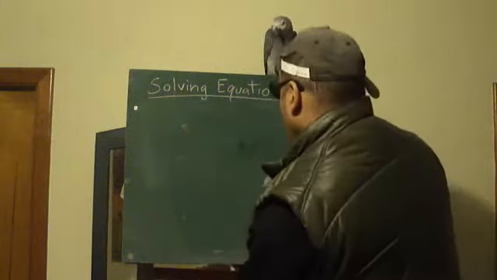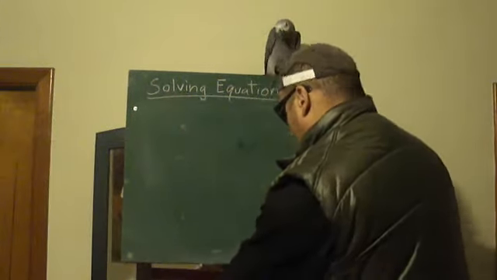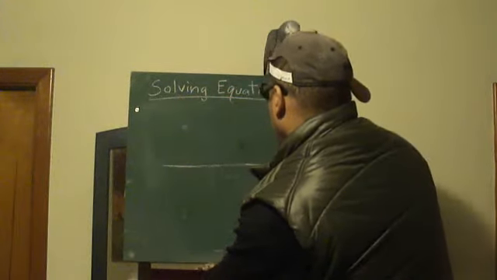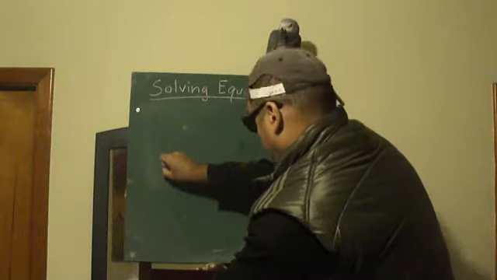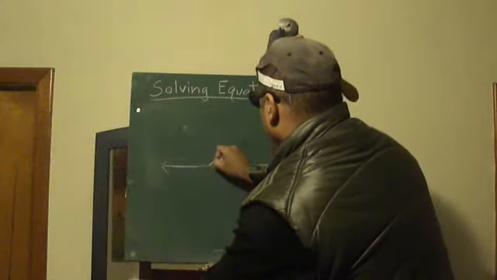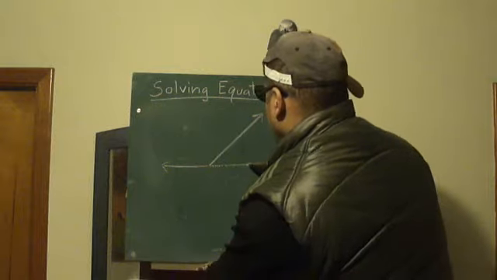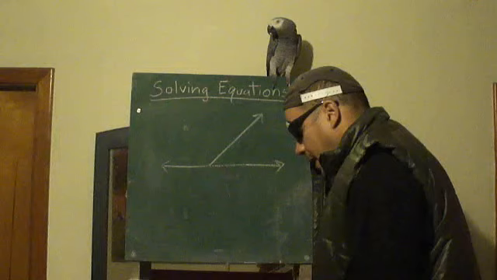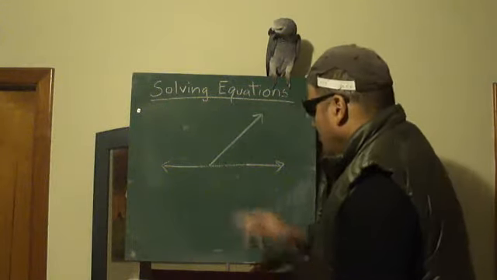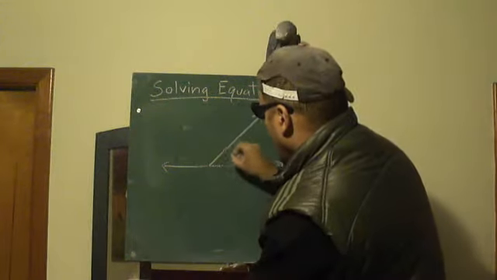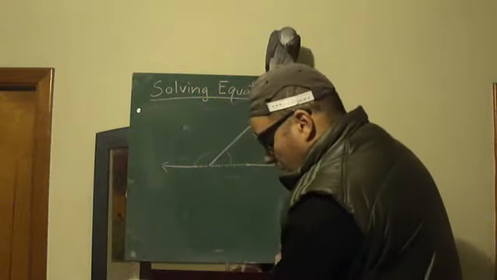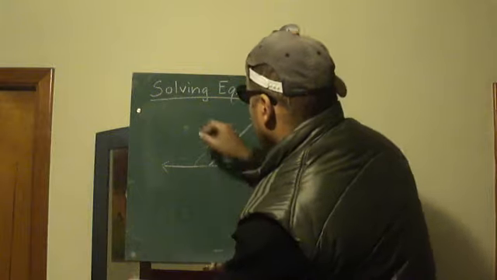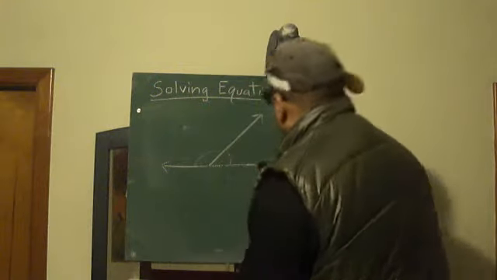Okay, let's imagine we have a line and a ray coming out here, and we're told that these two angles, this one and this one, are supplementary. Okay? So let's say they're supplementary.